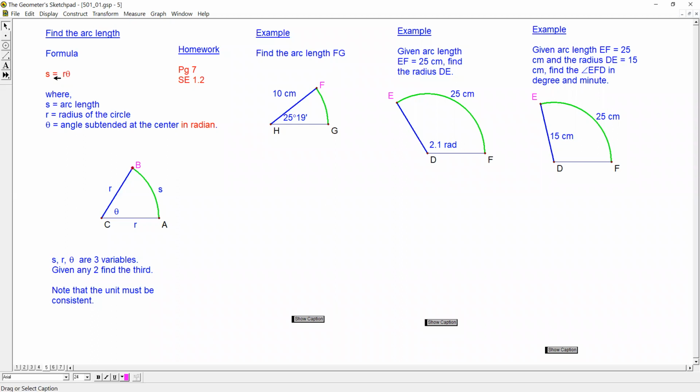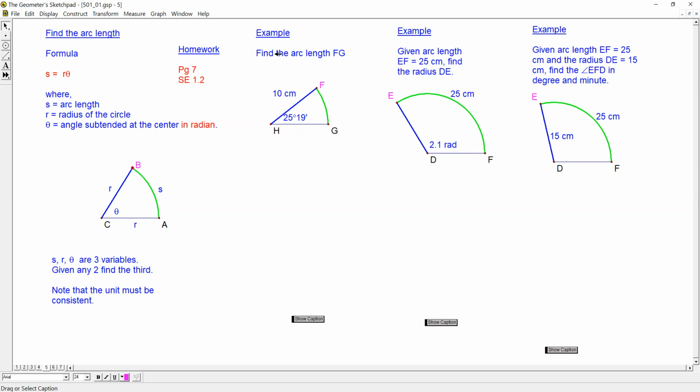If you look at the formula here, you realize there are 3 variables: s, r, and theta. If an equation has 3 variables, and you are given any 2 variables, you can find the third one.